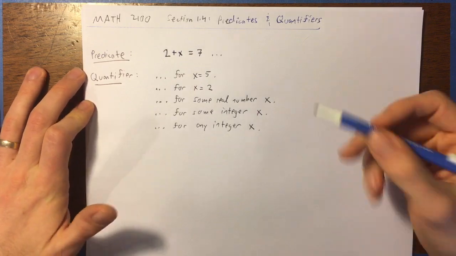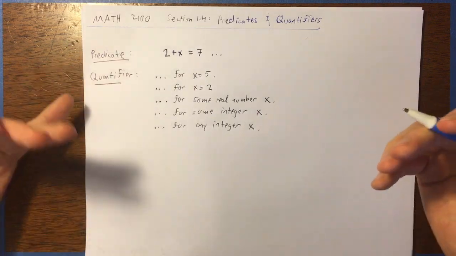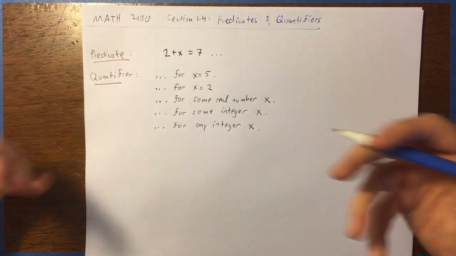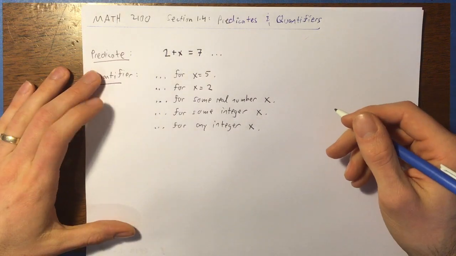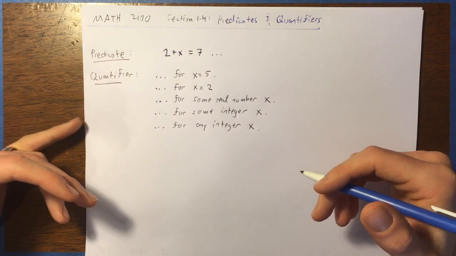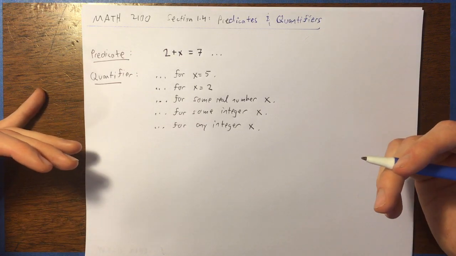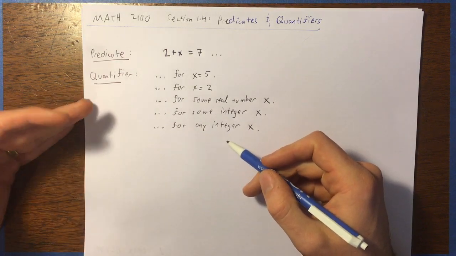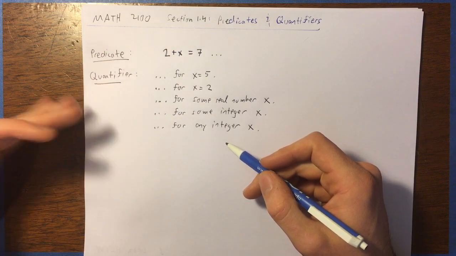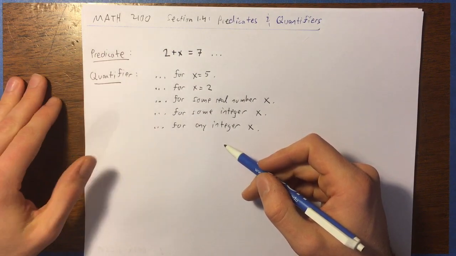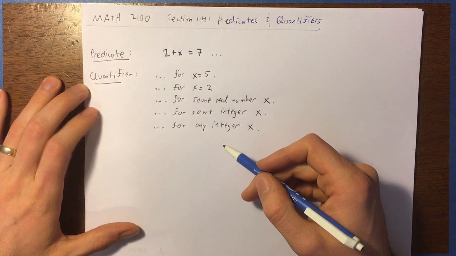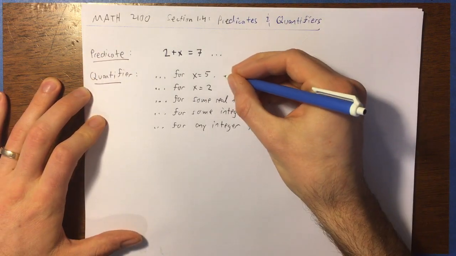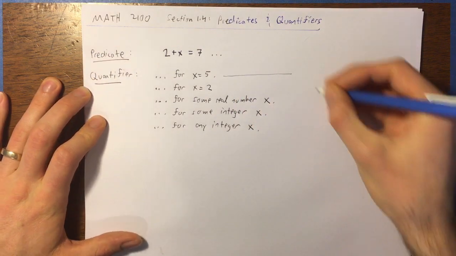When you say for some, you're saying there exists at least one real number that is going to make this true. And when you say for any, it's saying no matter which integer you put in, it's going to be true. That's a pretty grand claim, right? For any is the same as saying for all. So these are all different quantifiers, and depending on how you quantify the variable, you get a different truth value.